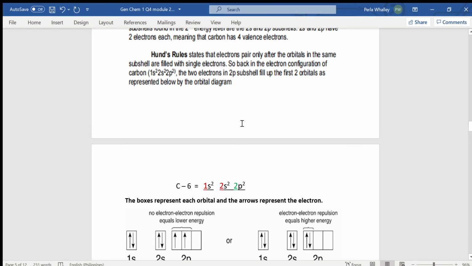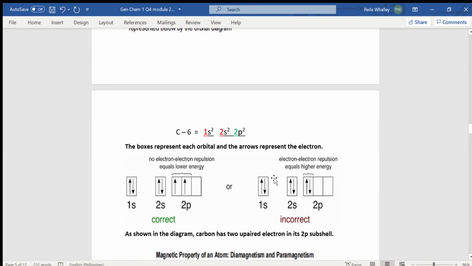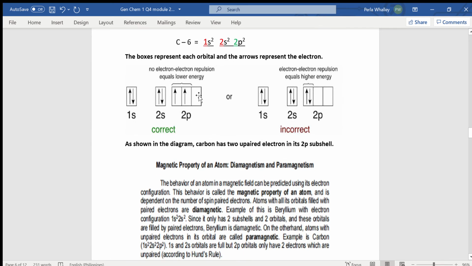So going back to the electron configuration of carbon, here the subshells or the orbitals are represented by the boxes. So this would be 1s2, there are 2 electrons inside. 2s2, 2 electrons. And then the 2p, there are 2 electrons.